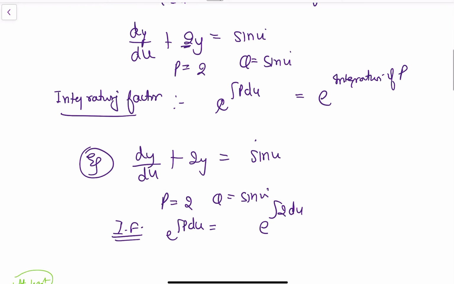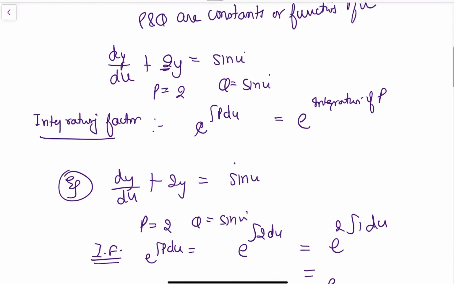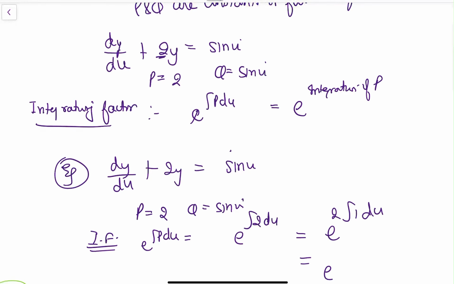You know how to integrate 2: take 2 common, you're left with 1, and integration of 1 is x. These are basic integration formulas, you should know them. If you don't know them, I'll discuss the integration formula video soon, you can comment on that if you want. Integration of 1 is x, because the derivative of x is 1. Derivative and integration are opposite of each other, you can remember it that way. So e to the power 2x is your integrating factor.